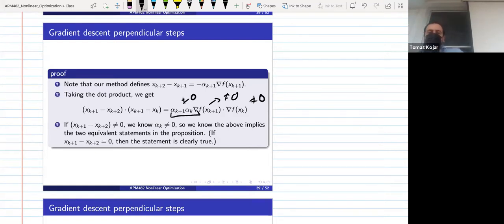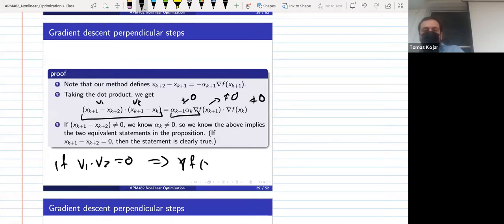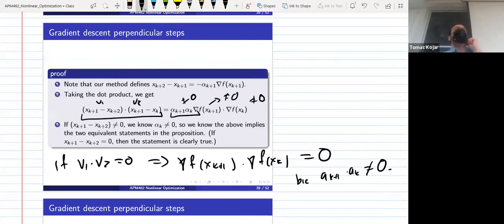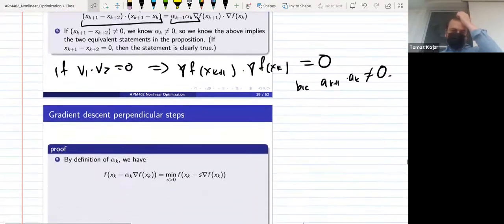So we have the following: if this dot product, call it v1, v2, is 0, then the product of the gradient of f at x_{k+1} and of f at x_k has to be 0, because a_{k+1} and a_k are forced to be non-zero. That's all. I want to draw some pictures for this.